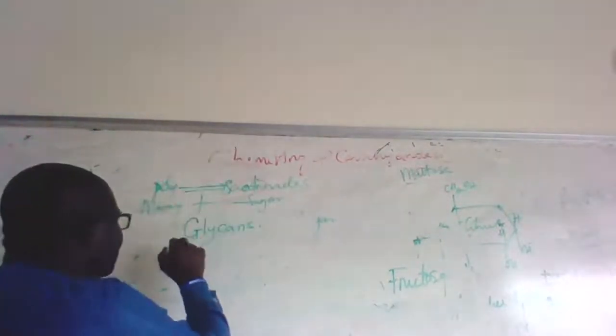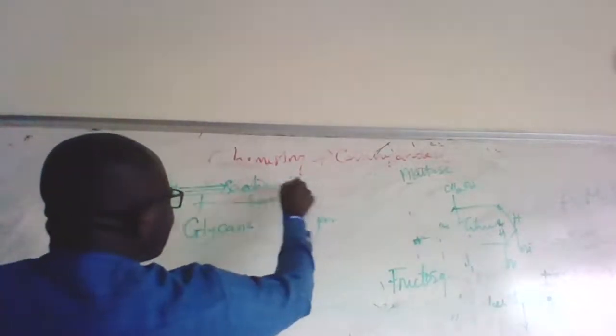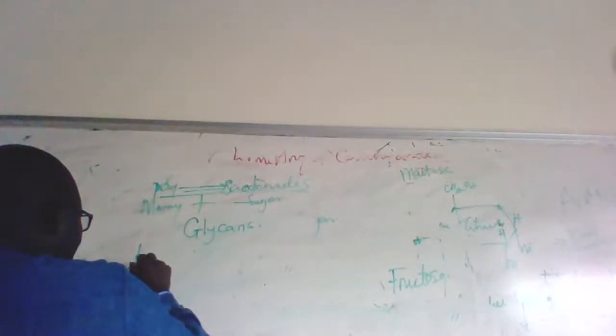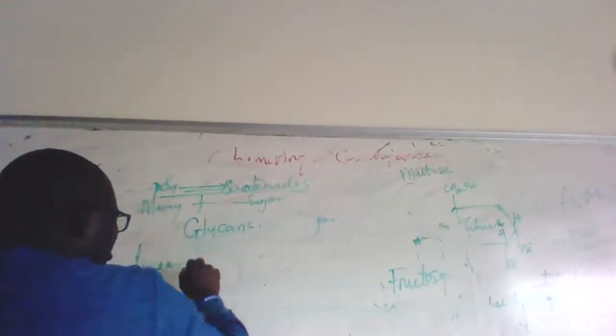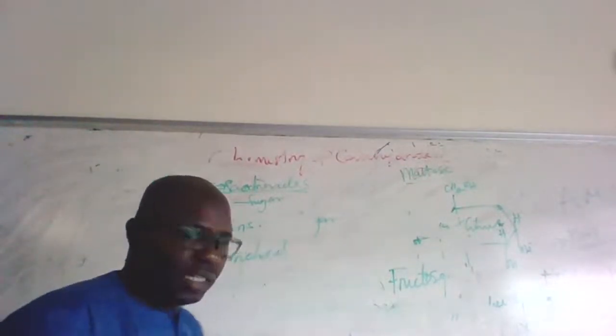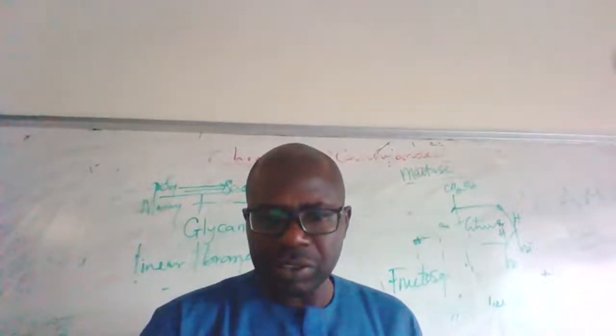Another important characteristic of polysaccharides is that they can be linear or branched in structure.